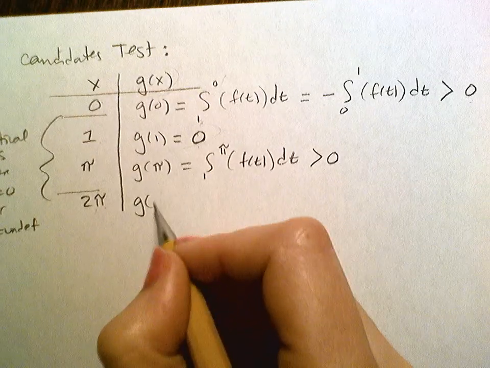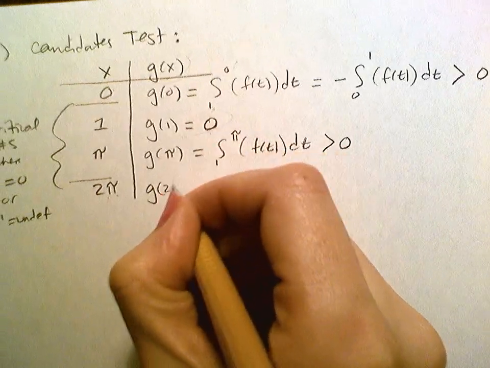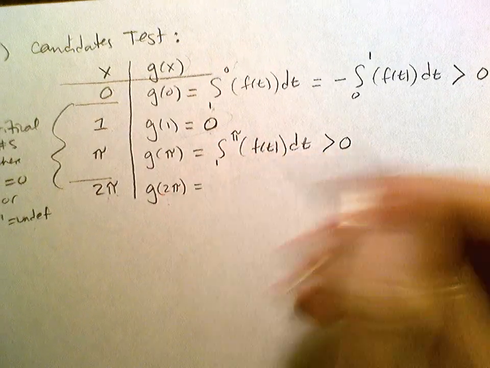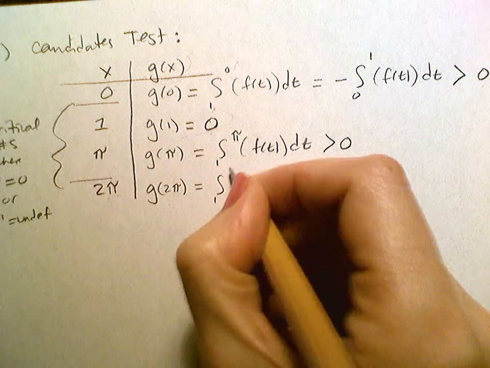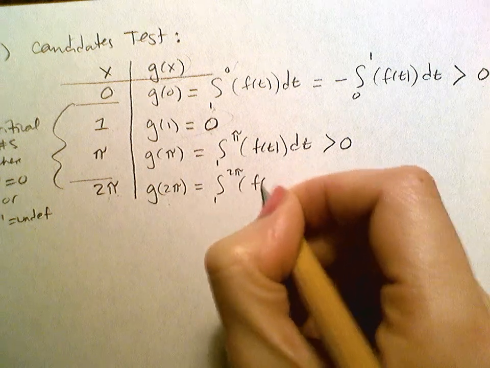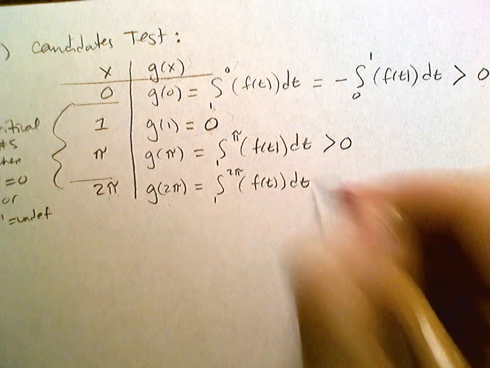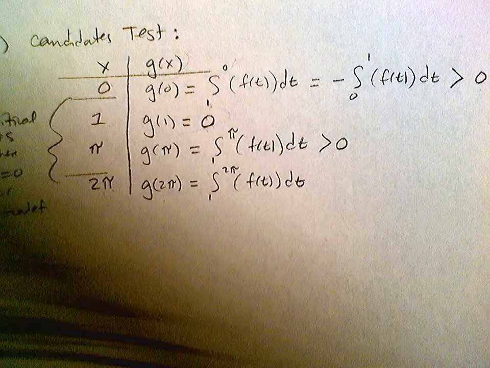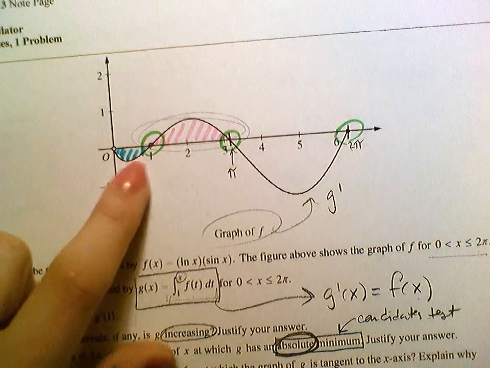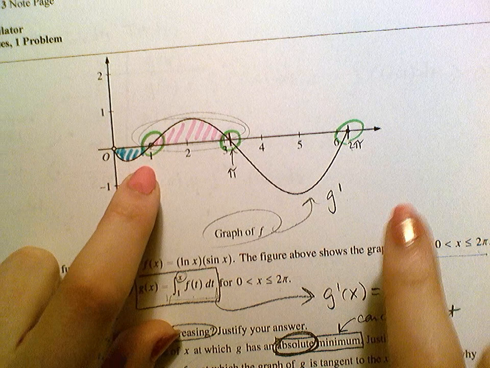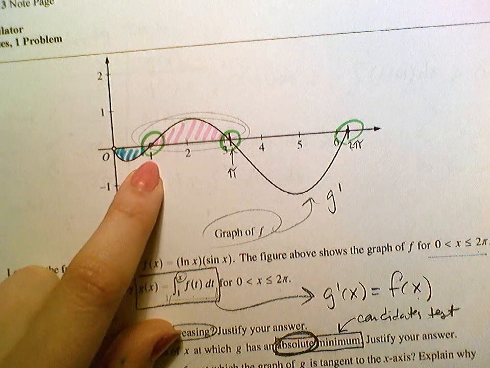All right, so let's see. g of 2 pi equals the integral from 1 to 2 pi of f of t dt. Okay, so I'm doing the area under the curve from 1 to 2 pi.